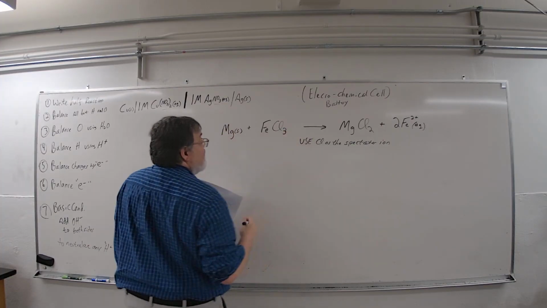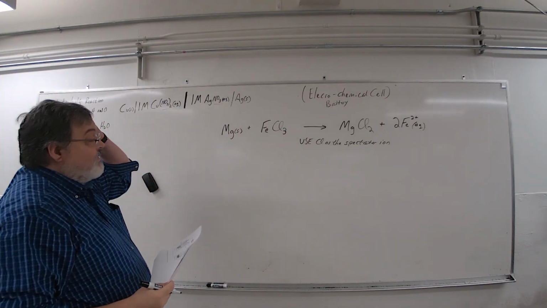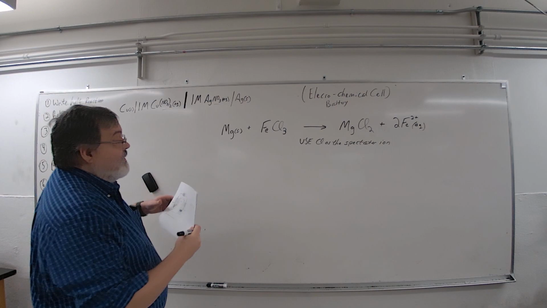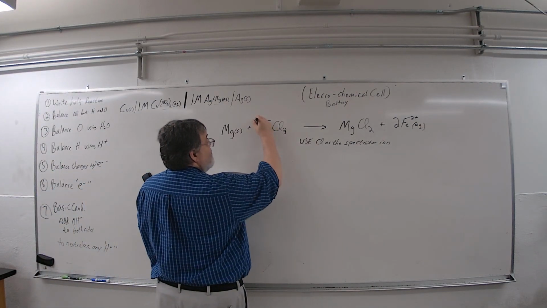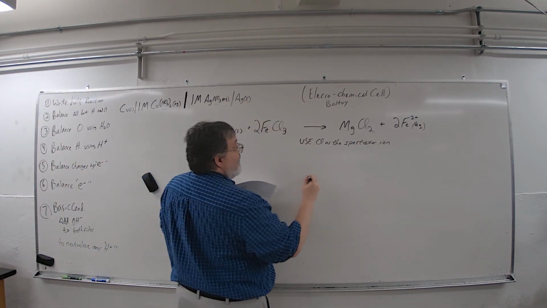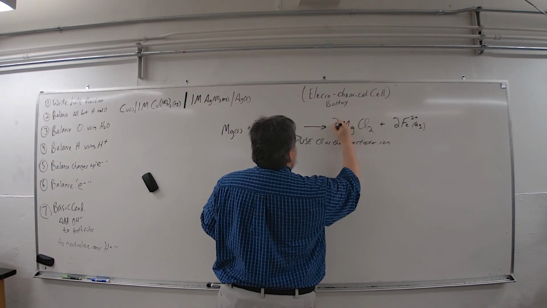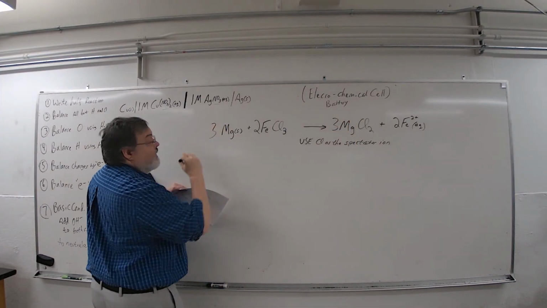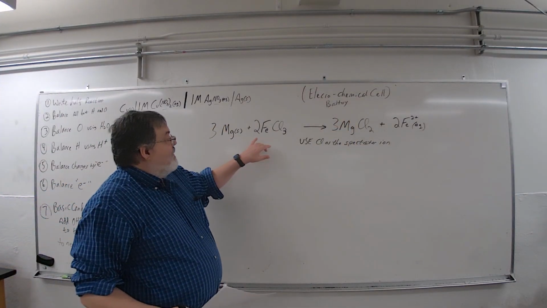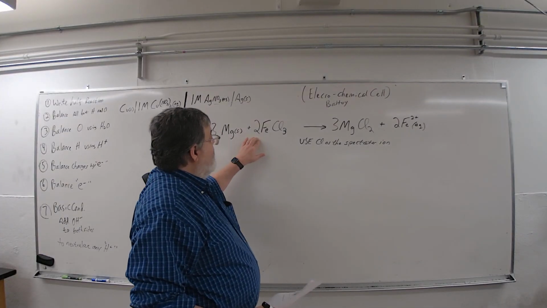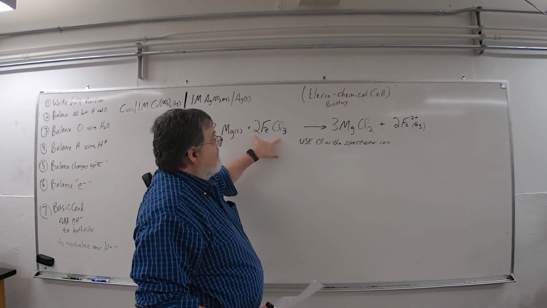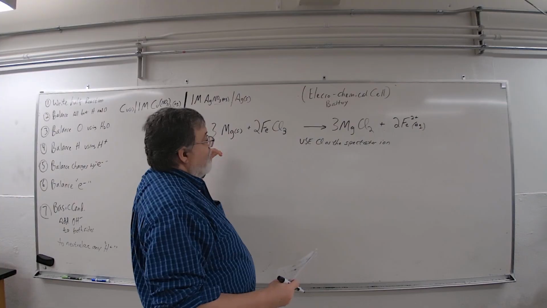CO3. This isn't balanced. Two there. There. Two irons, 6 chlorides, 3, okay, that's balanced.